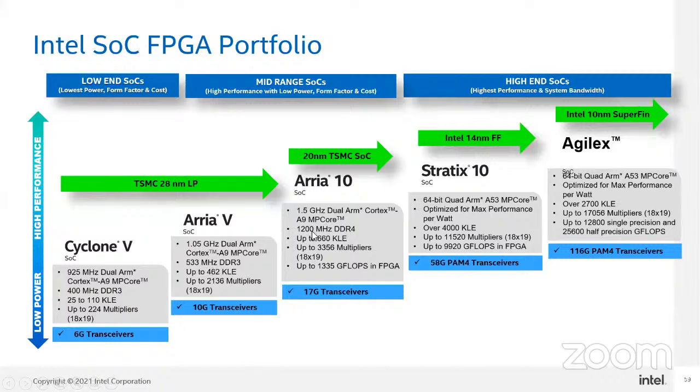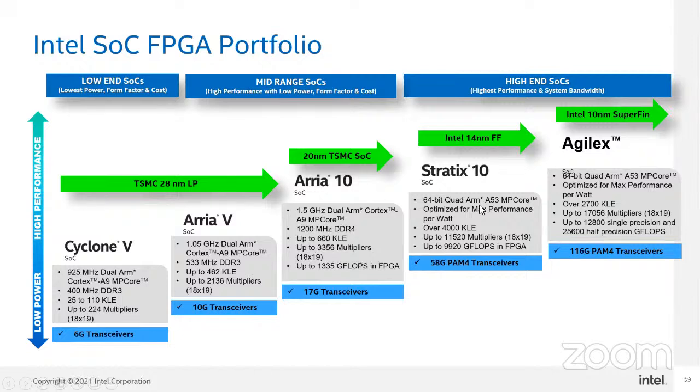But when we move on to Arria 10 SoC, it is 1200 megahertz. Here it is only 110 KLE, here it is 462 KLE, and then here it is 660 KLE. And then for the multipliers, here it is 2136 multipliers, and here 3356 multipliers.